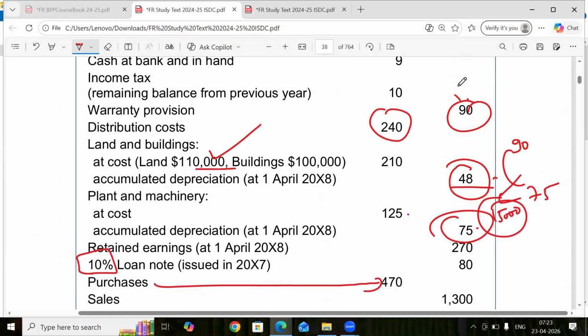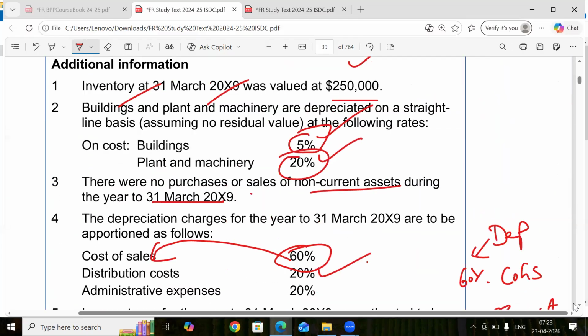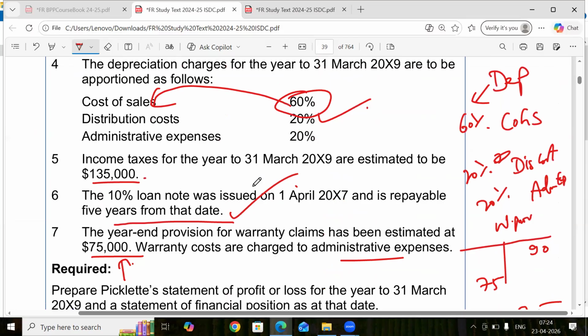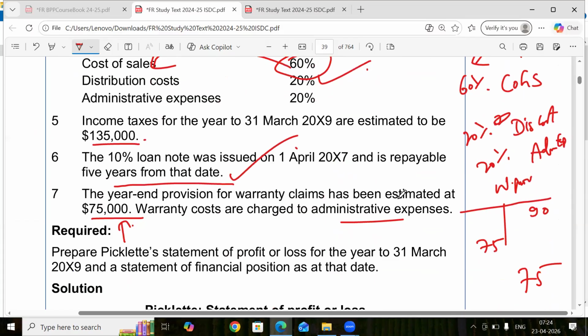Warranty provision as per the trial balance is 90. Now what they have said, year-end provision for warranty claim has been estimated at 75,000. Warranty costs are charged to administrative expenses. So from 90 they want to keep it at 75.